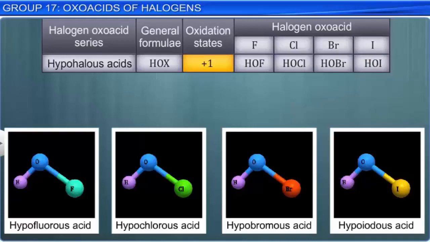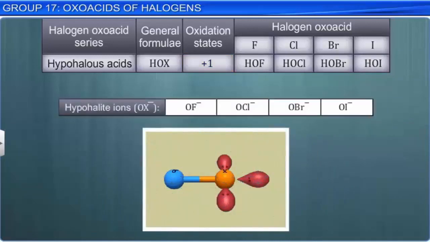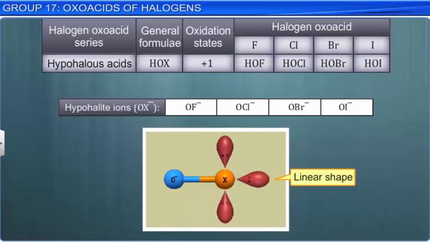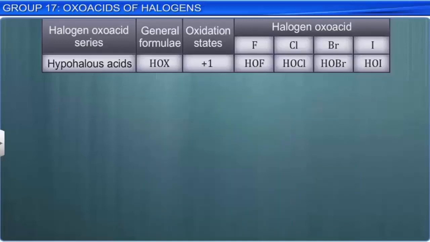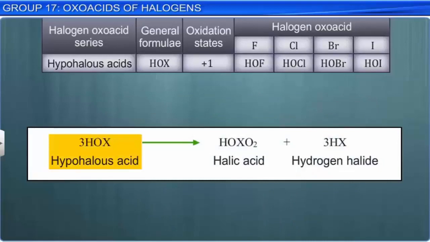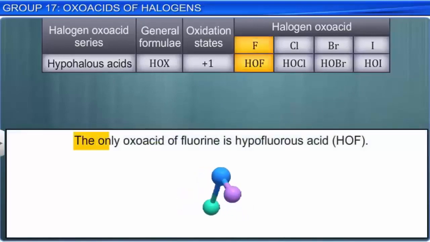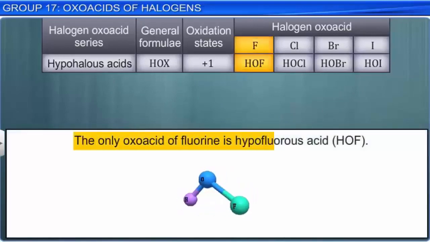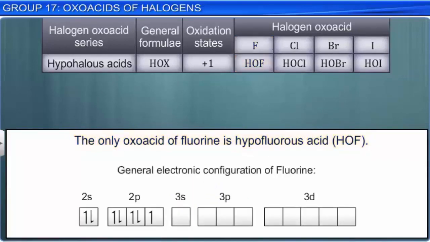The respective hypohalite ions have a linear shape owing to the presence of 3 lone pairs of electrons on the central halogen atom, as shown here. Note that the hypohalous acids, being less stable, tend to form halic acids. Note that the only oxo acid of fluorine is hypofluorous acid. No higher oxo acid of fluorine is known due to the absence of d orbitals in the fluorine atom.